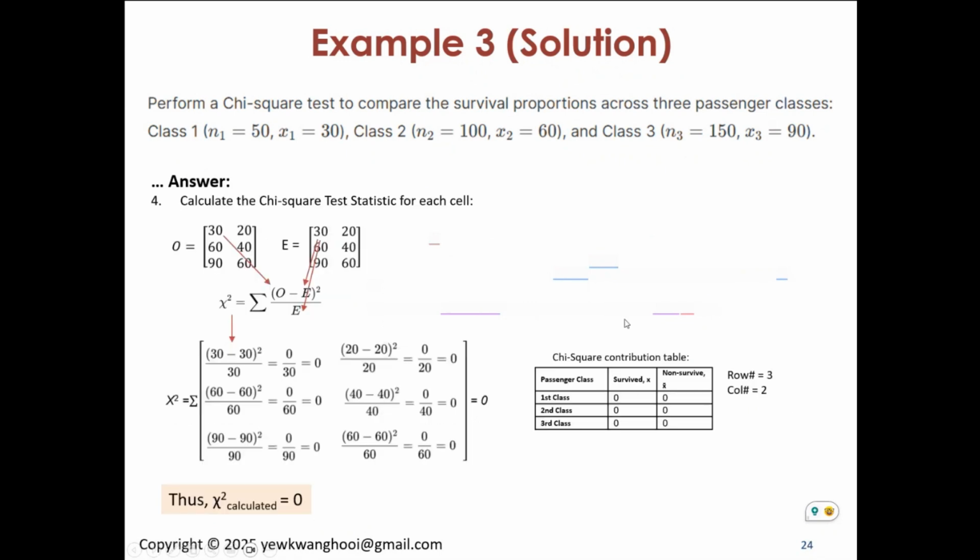We will produce the chi-square contribution table based on the chi-square matrix. Here we have the different classes as the rows, and for the columns we have the chi-square values of those who survived and those who did not survive. From here we can see that we have 3 rows of data and 2 columns of chi-square values.